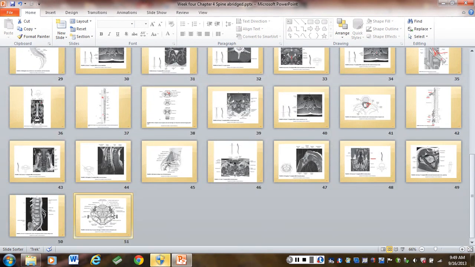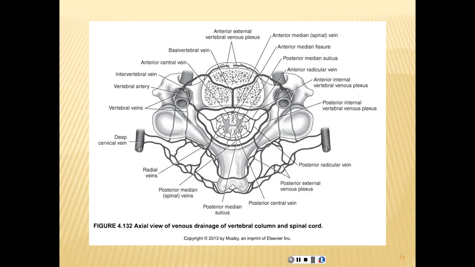I would like to go back to this slide, because I want to talk some more about the veins of the spinal cord. The veins that drain the spinal cord follow the same segmental organization as their arterial counterparts. The central gray matter of the cord is drained by the anterior and posterior central veins, located in the anterior median fissure and posterior sulcus, respectively.